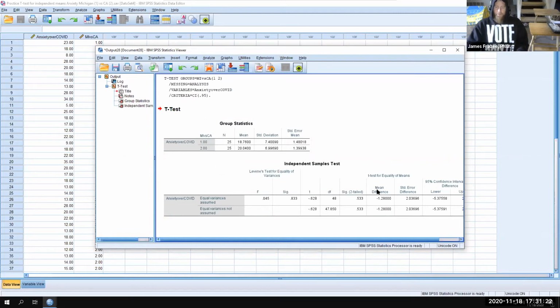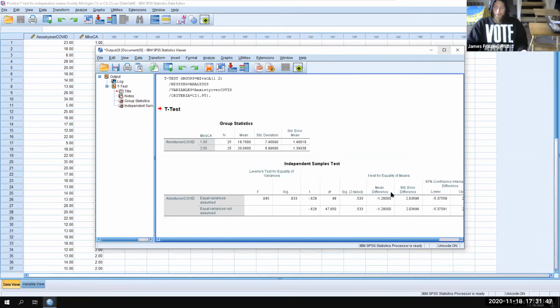We see that big of a difference that we saw, negative 1.28 or larger, more than half the time. So we can't claim that these two groups, Michigan and California, are different in their anxiety because this number is not below 0.05. It's 0.53. That's half the time. Below 0.05 means it only happens 5 times in 100. This happens more than every other time.